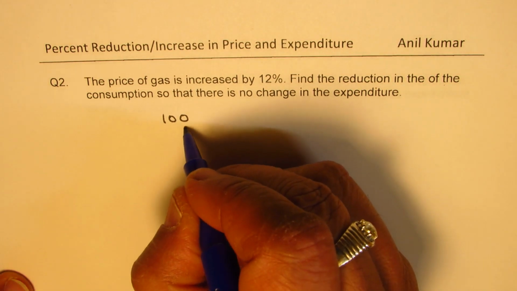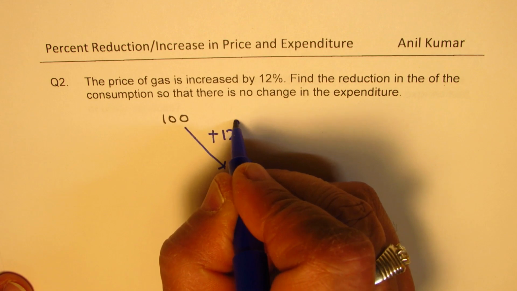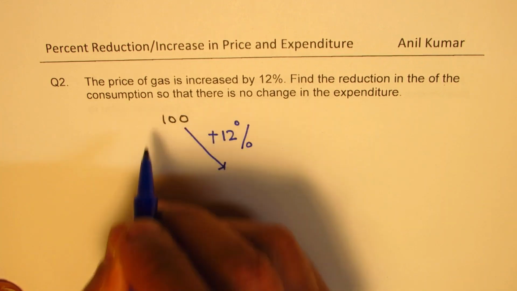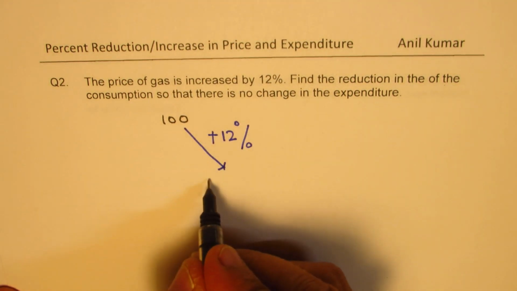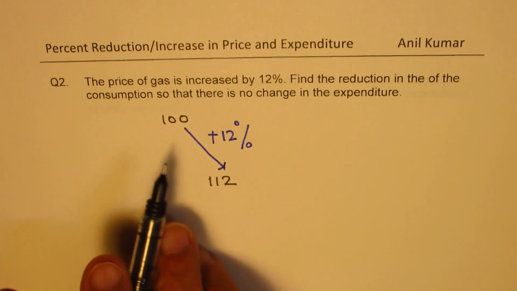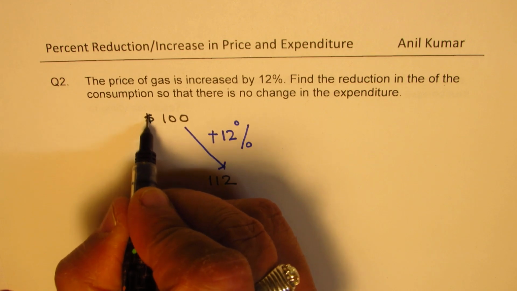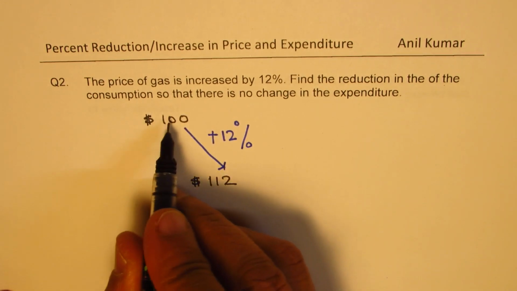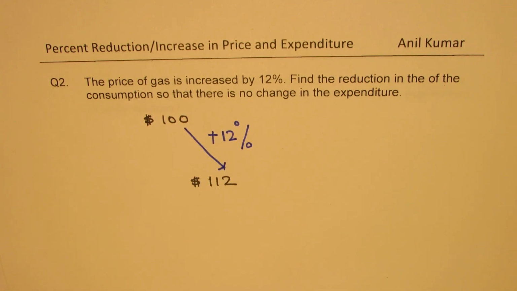So now what has happened is that the price has increased by 12%. 12% more on 100 really means that instead of 100, I'm going to spend 112, right? So all this is in dollars. Perfect. So if I start with $100, I'm spending $112 since the price has jumped by 12% more.